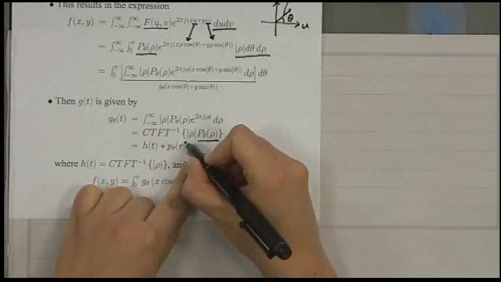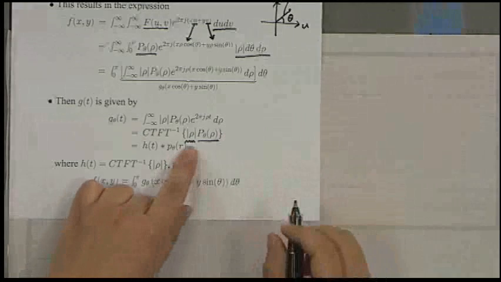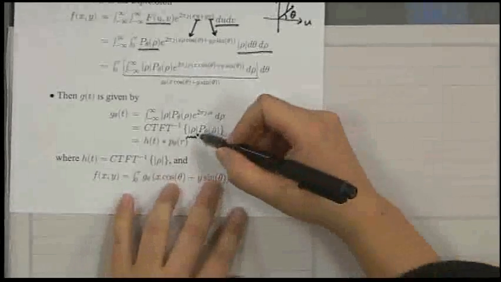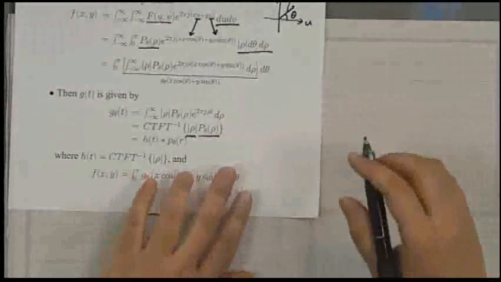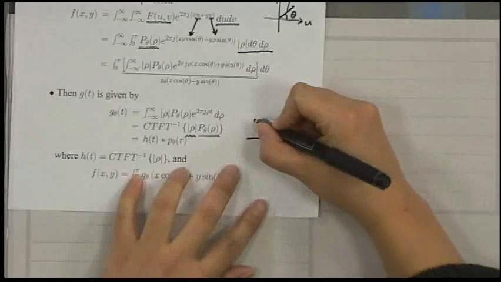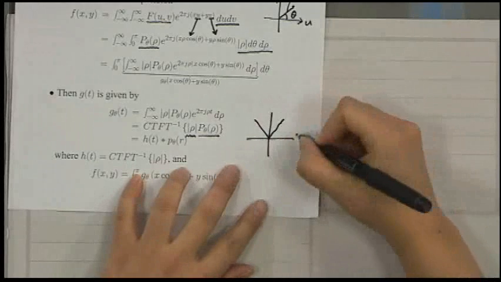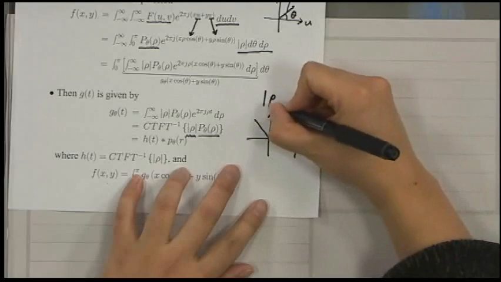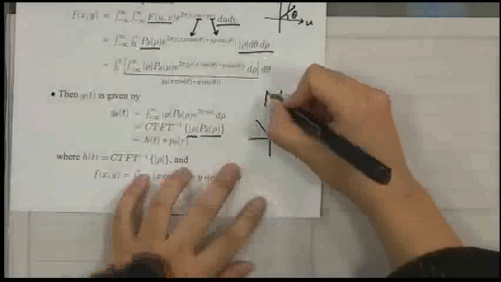So they are doing something here. And actually, if you write down this absolute value of rho, it's going to be like this.